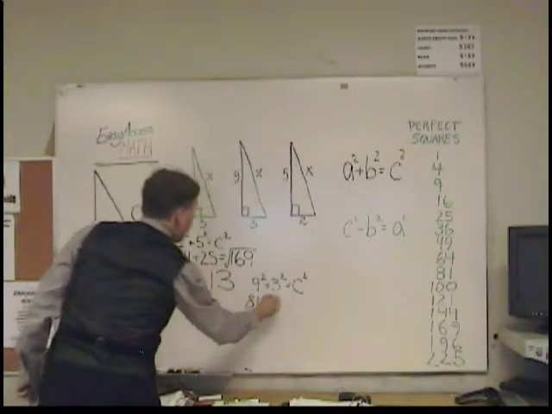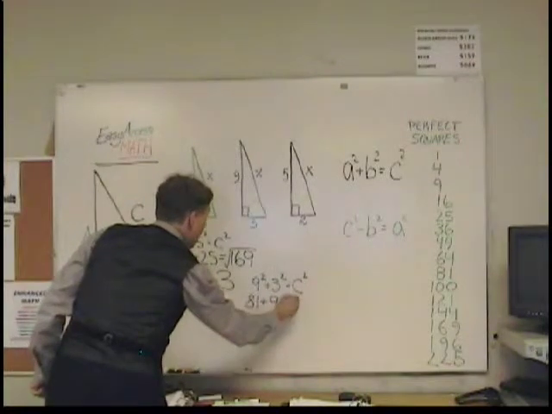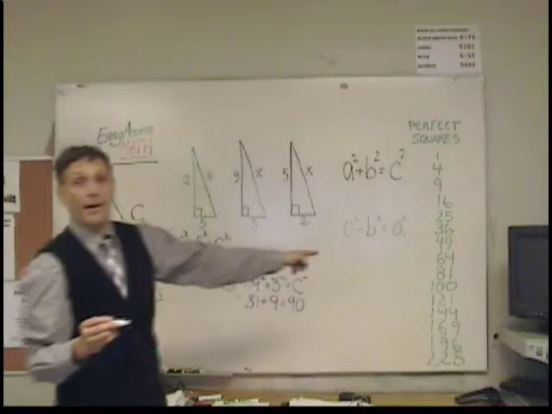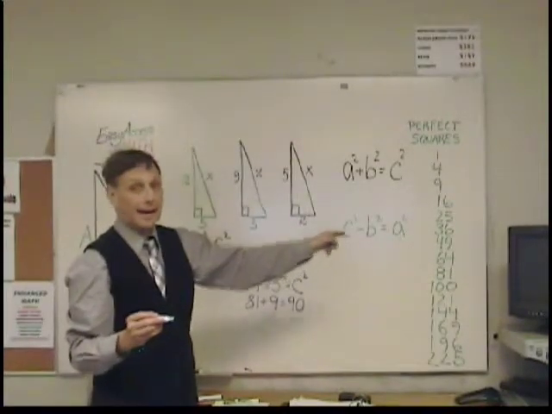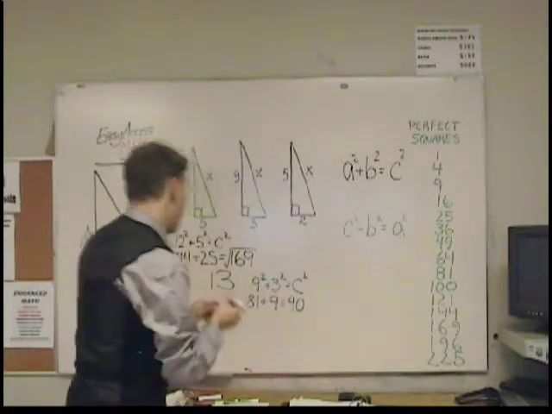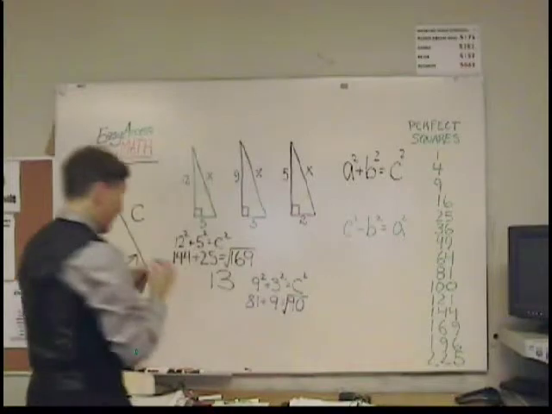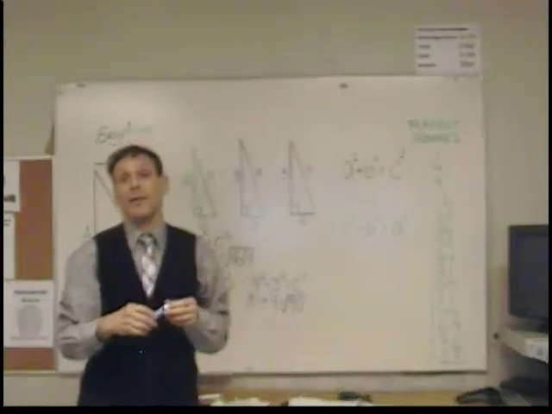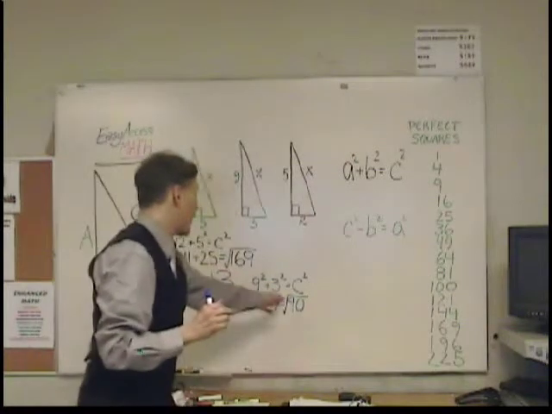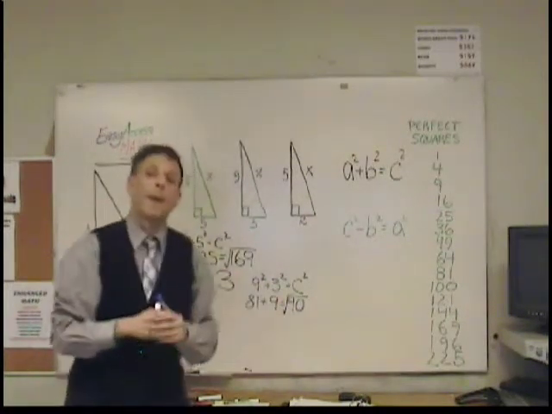Plus 3 times 3 is 9, and that gives me 90. 90 is not on my list. 90 is not there. But now what I need to do is I have to square root it. Let me do that first. That's the final step, but not quite final. You always want to square root because it's C squared and we want C. So we square root that answer after you add them up.